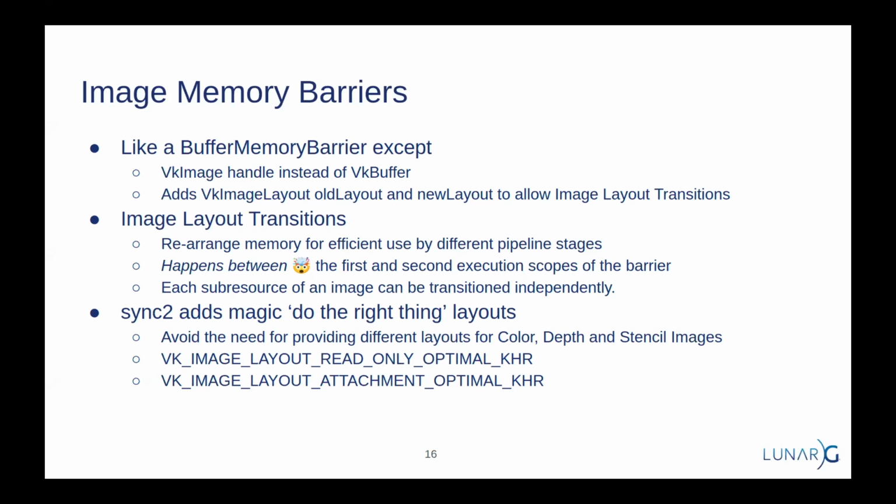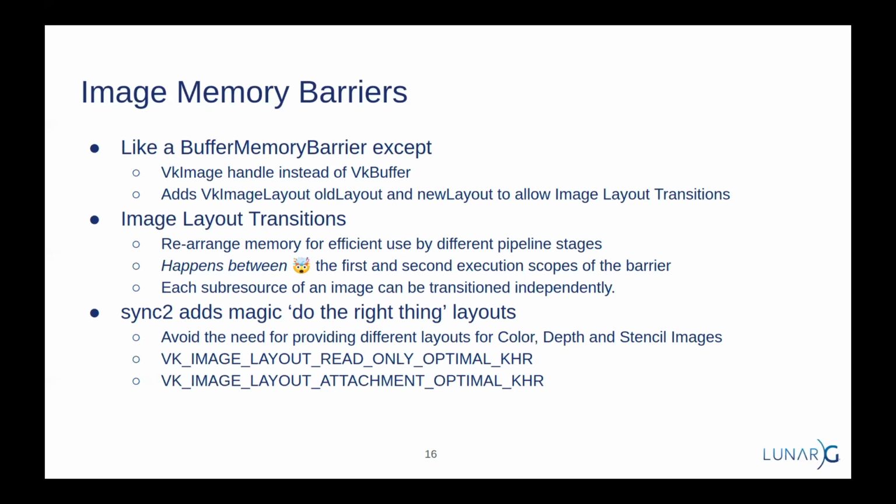And then the hard part about these is that they happen between the first and second execution scopes of the barrier. So they are this extra thing in the memory model that it's kind of hard to put your finger on sometimes, because they're not their own pipeline stage, and they just happen magically in the background.